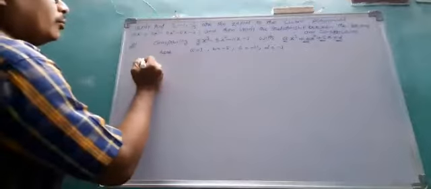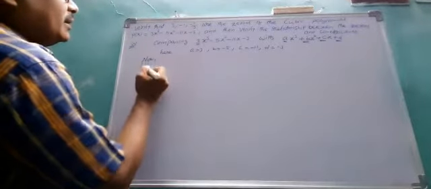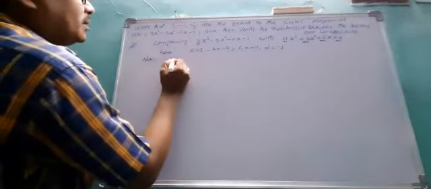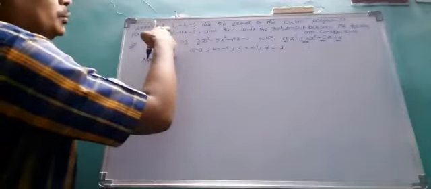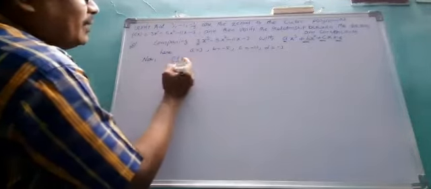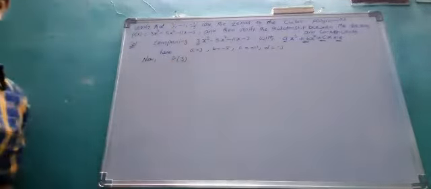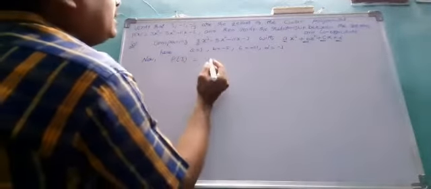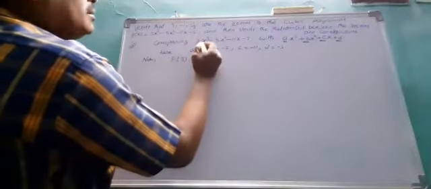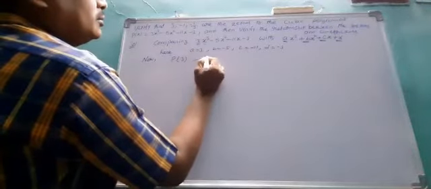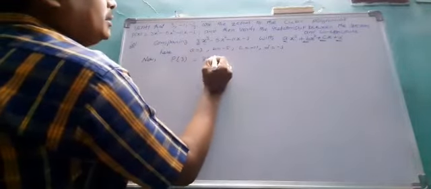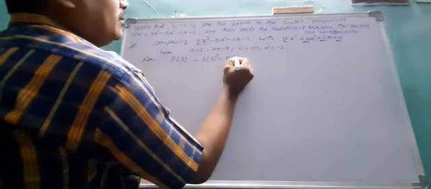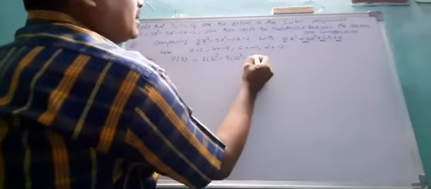Okay, now verification. So first of all, you put x equal to 3. So p of 3 equal to, instead of x we have to substitute 3. So 3 into 3 cube minus 5 into 3 square minus 11 into 3 minus 3.